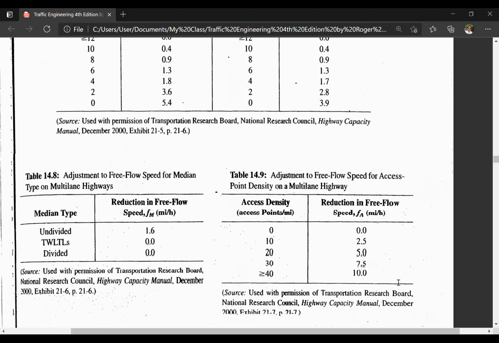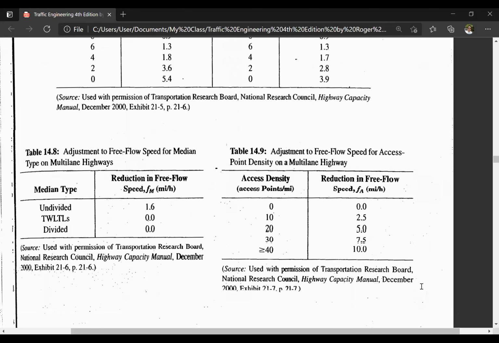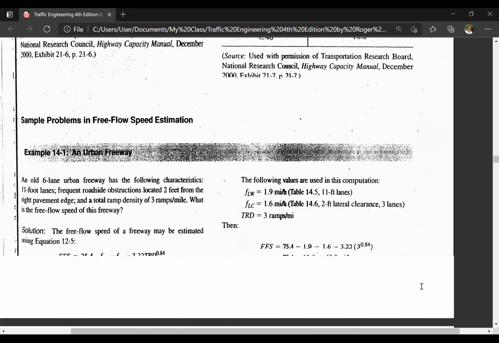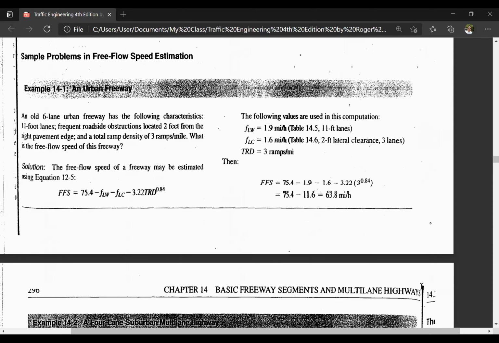If it's over 40, it's 10 reduction. So the impact of urban access would increase in identification of free flow speed.